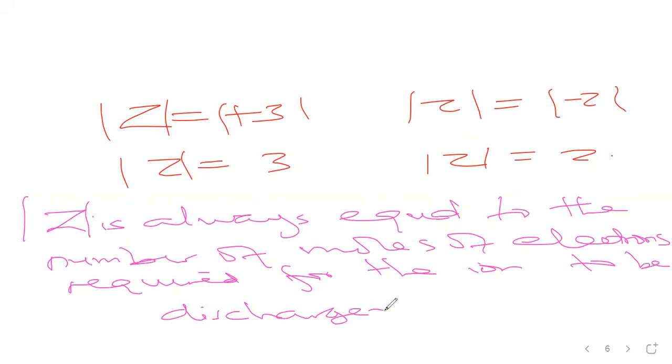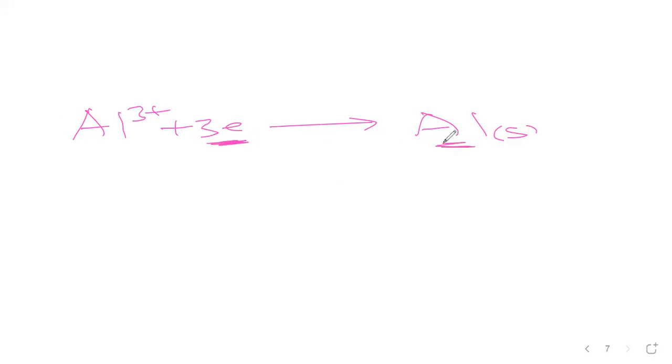For example, if I'm discharging an aluminium ion from aluminium metal during electrolysis, I balance this by 3 electrons. So you realize that the number of electrons required to discharge 1 mole of aluminium is equal to the charge number Z. That's what I mean by this. Z is equal to the charge number, so Z is equal to number of electrons.